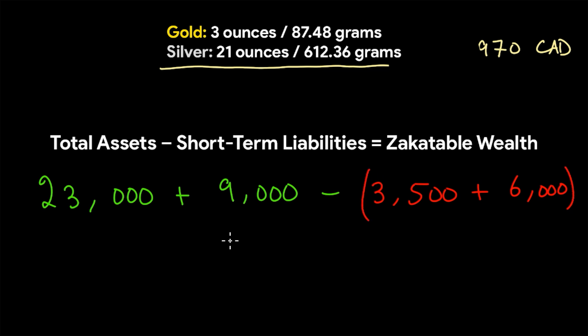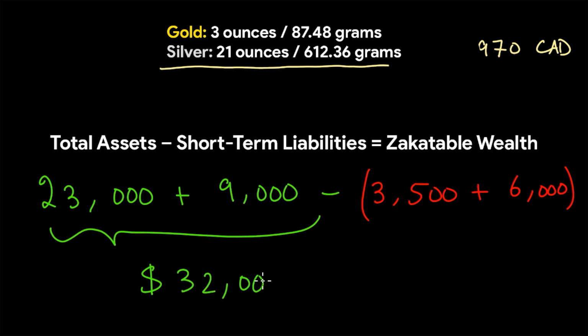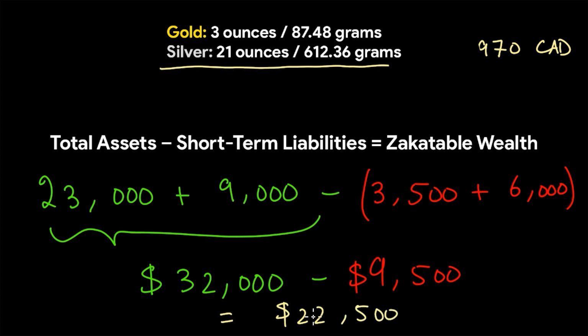So now let's do the net calculation. So we have $33,000 in assets minus 9,500 in liabilities, which gives us a total amount of $22,500.